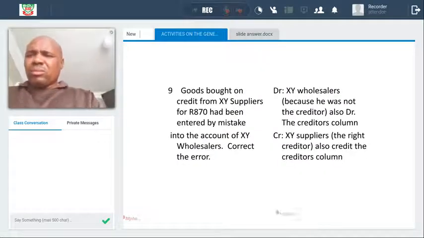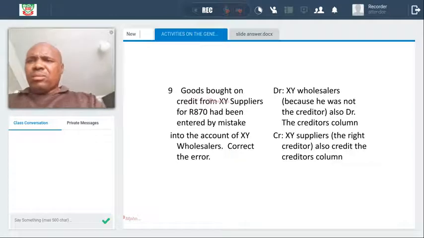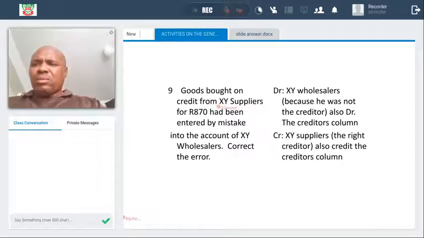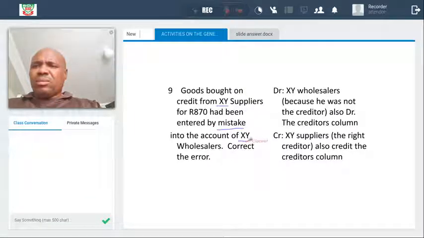Transaction number 9, goods bought on credit from XY supplier, of 870, had been mistakenly entered to XY. You see, this XY confuses the person. He just saw XY, he didn't look that it's a wholesaler and not XY supplier. So we have to correct this error. So we are buying on credit from this person.